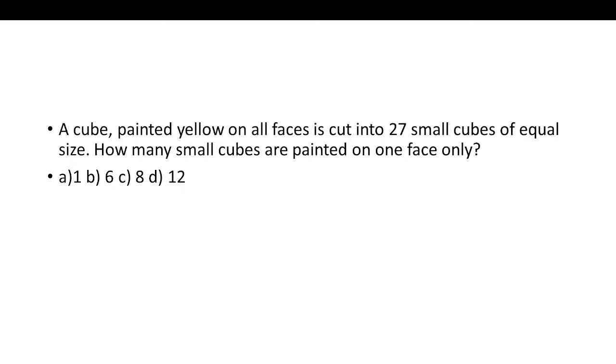How many small cubes are painted on one face only? 27 small cubes means they are making 3 into 3 into 3, totally 3 cuts on every side.